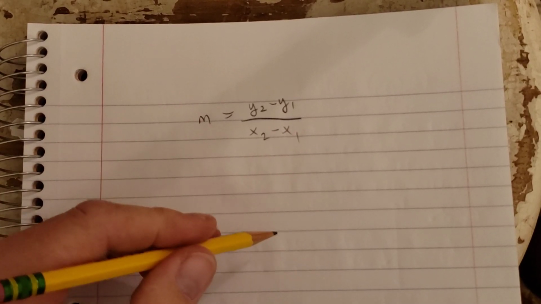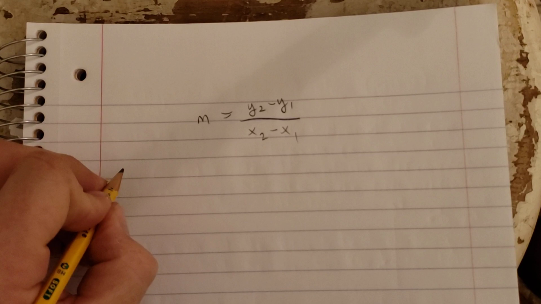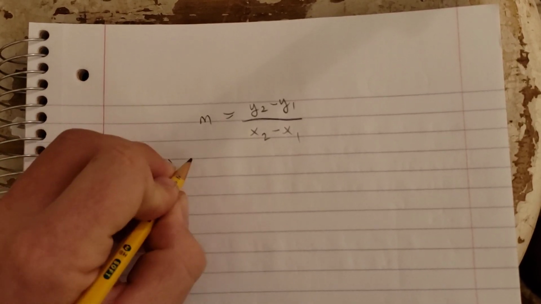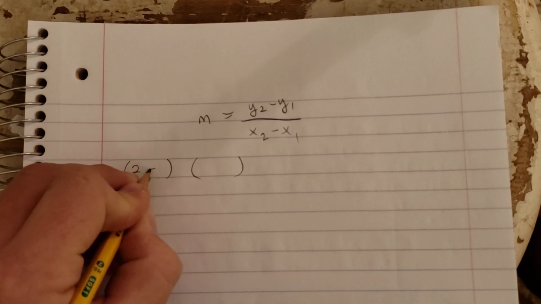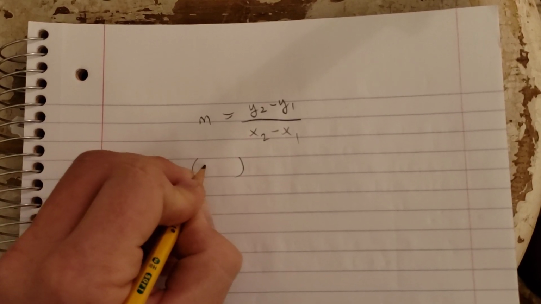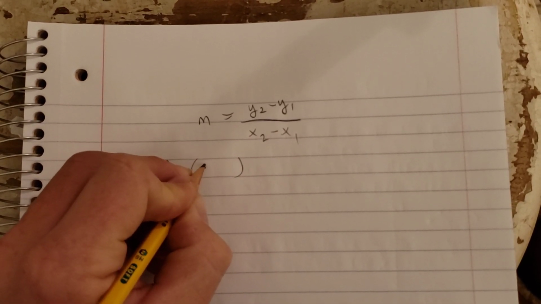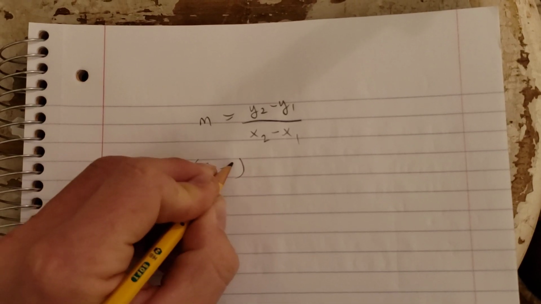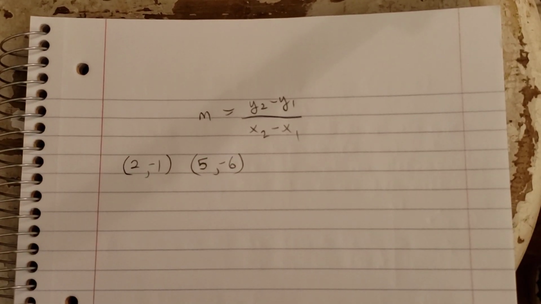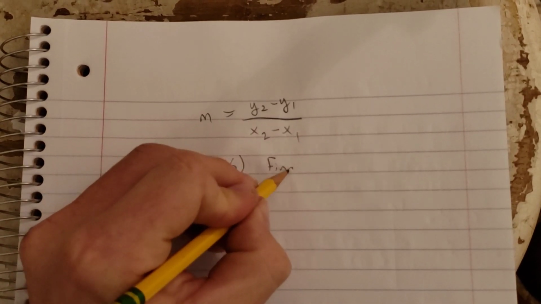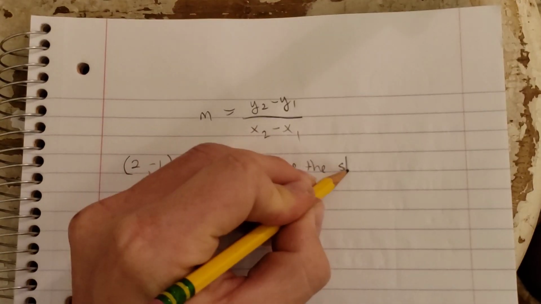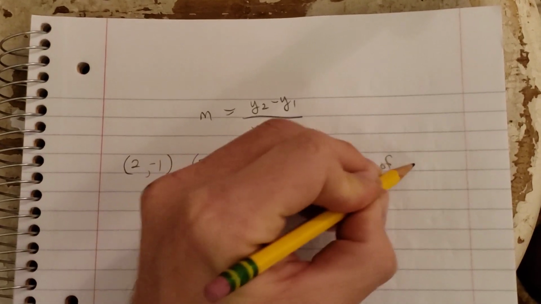Sometimes it'll be in a graph. Sometimes they'll just tell you that here are 2 points. 2 comma negative 1 and 5 comma negative 6.